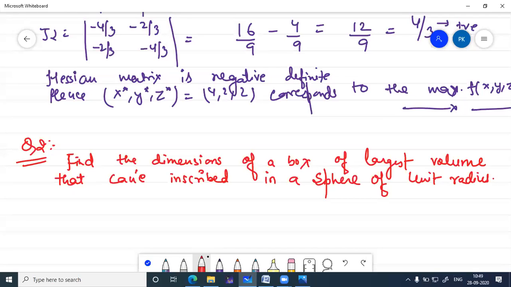Find the dimensions of a box of largest volume that can be inscribed in a sphere of unit radius. So this is the problem which you have to try to observe.